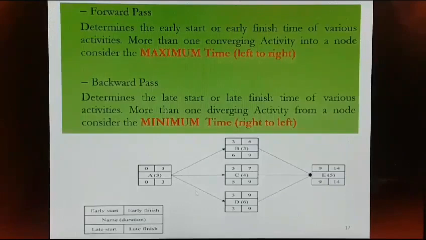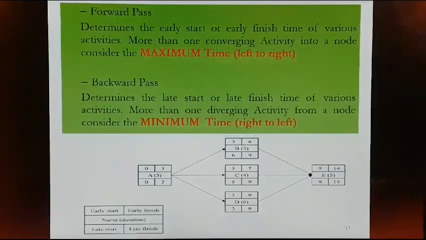Now coming back, this is the latest start time of activity B, 5 is the latest start time of activity C, and 3 is the latest start time of activity D.